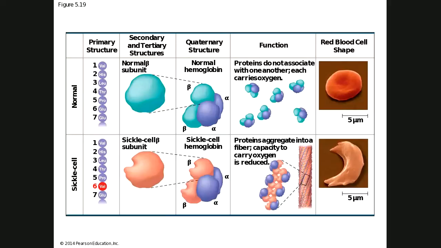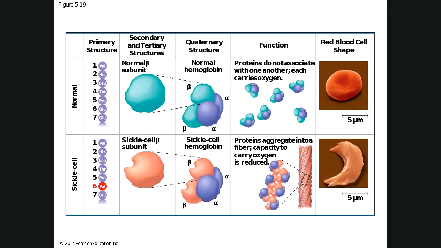So what happens when you have glutamic acid is you get normal hemoglobin, and the alpha and beta proteins don't associate with each other. So each one carries oxygen and everything flows along nice and smoothly. When you have the valine in there, that causes those beta proteins to be misshapen. You see that? You get that sickle shape.